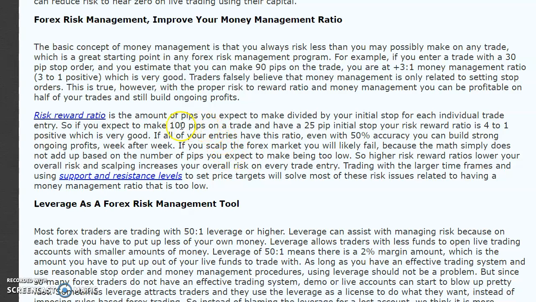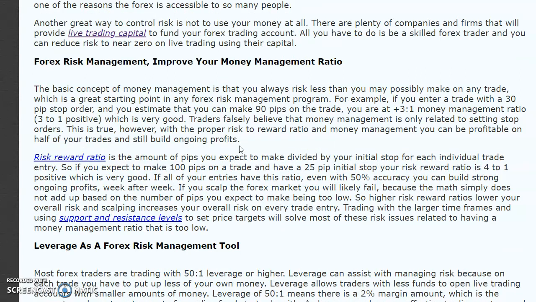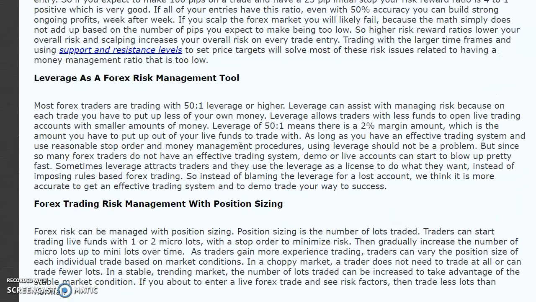So if you can get the risk reward profile to 4 to 1 and you're only accurate half the time on your entries, you can definitely increase your account balance pretty darn fast. And not only are you getting into a situation where there's no risk, but there's quite a bit of reward. And you can improve your money management profile and ratio on individual trades that eventually will add up to your account balance moving way up faster.